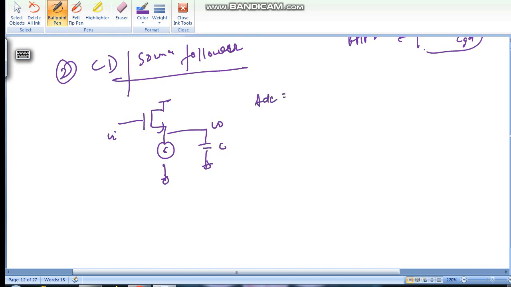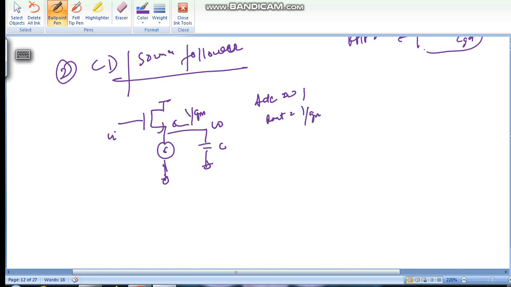Gain here is approximately 1, and we have already found the DC gain. Now output resistance here will be 1 by Gm, because looking into the source, resistance is 1 by Gm, and looking into the ideal current source it is infinite, and two parallel resistances, 1 by Gm and infinite, give 1 by Gm as R out.